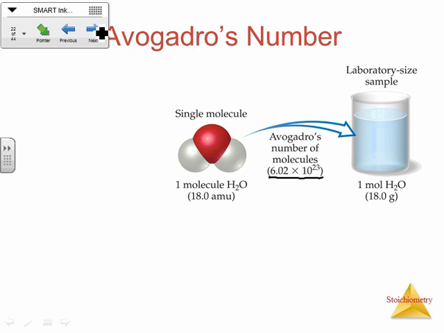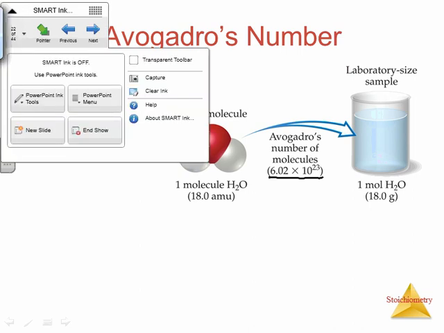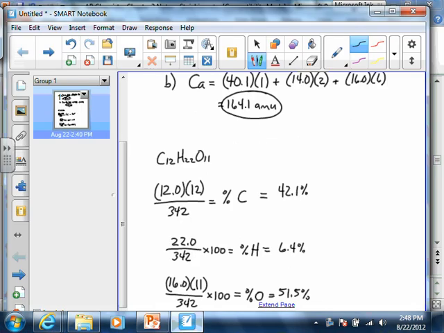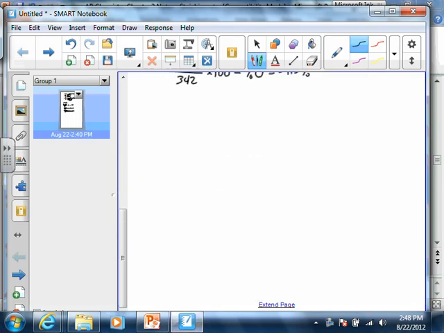1 mole of carbon-12 has a mass of 12 grams, so that's kind of where that number comes from. And basically, when you're doing a conversion here, you're just doing dimensional analysis. So this first problem says, without using a calculator, arrange the following samples in order of increasing number of carbon atoms. Let me get back to my Smart Notebook here.